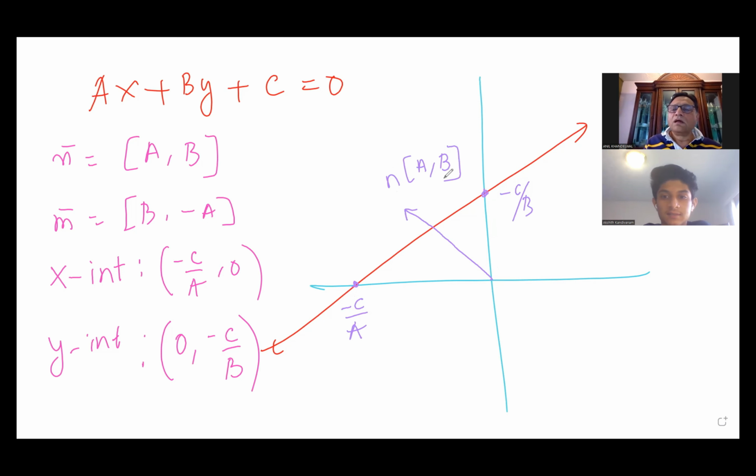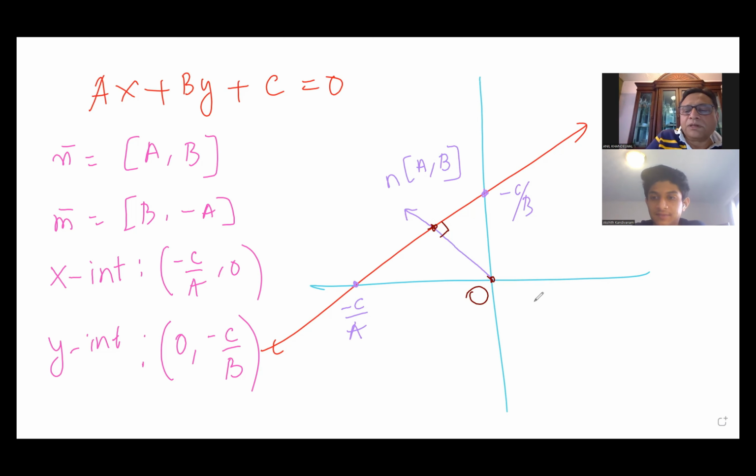Yes, sir. Makes sense. And now, we'll learn in the next class that we can find the distance of the line from any point, even from the origin. Because if we find this point of intersection, we are in a position to find the distance of the line from the origin itself, right?